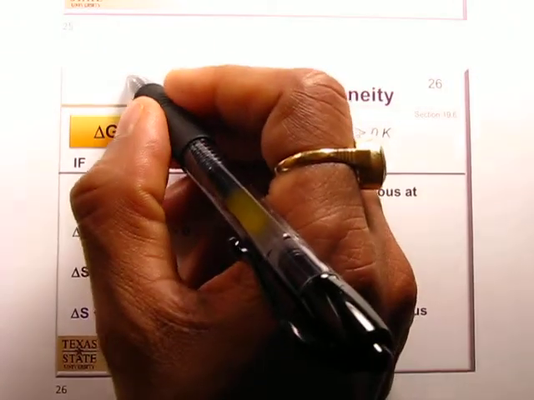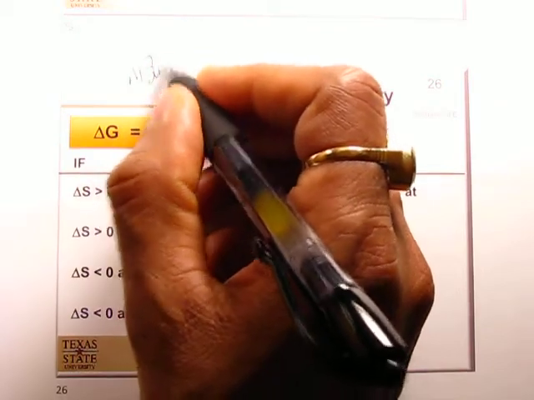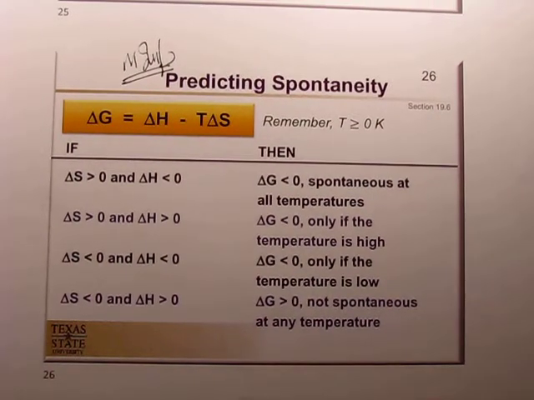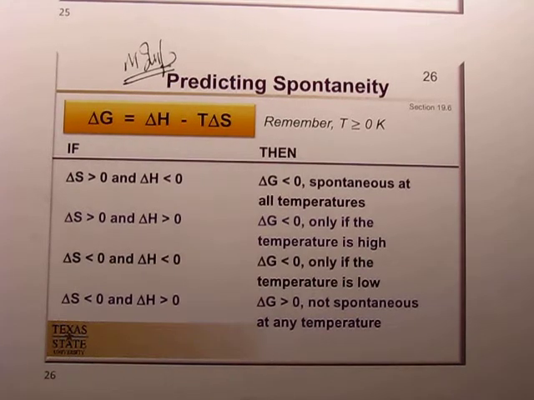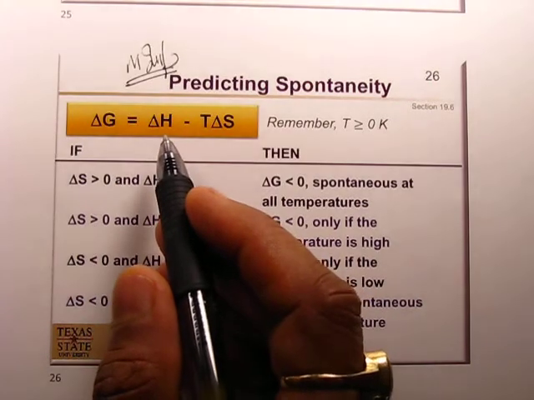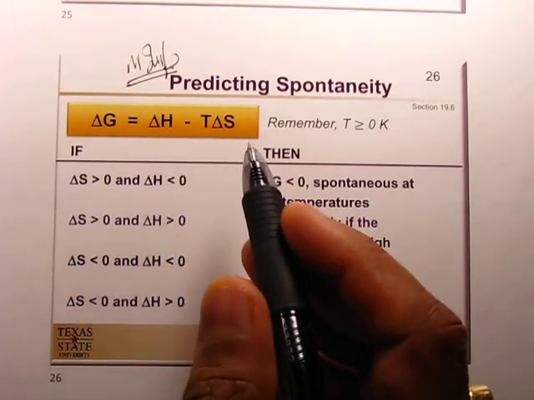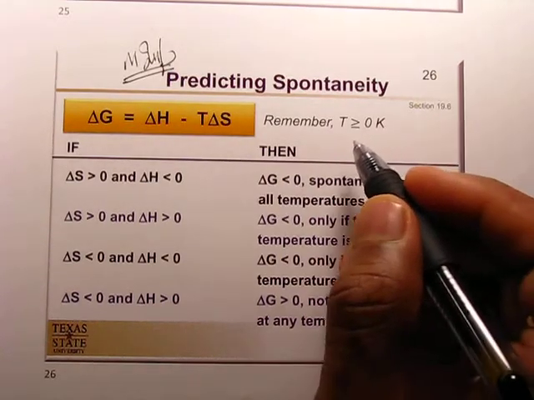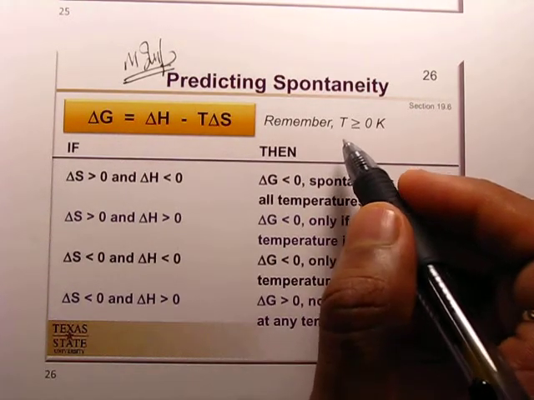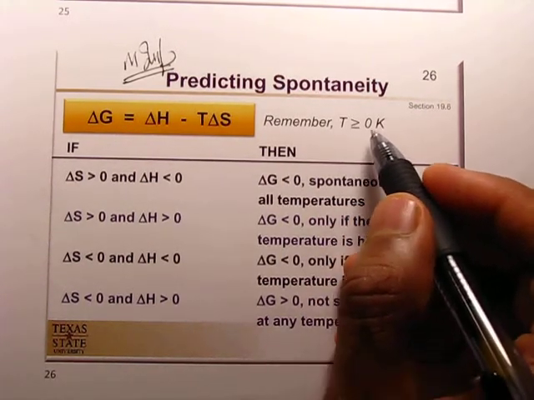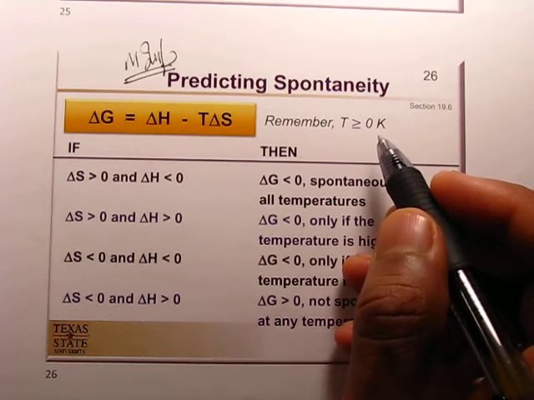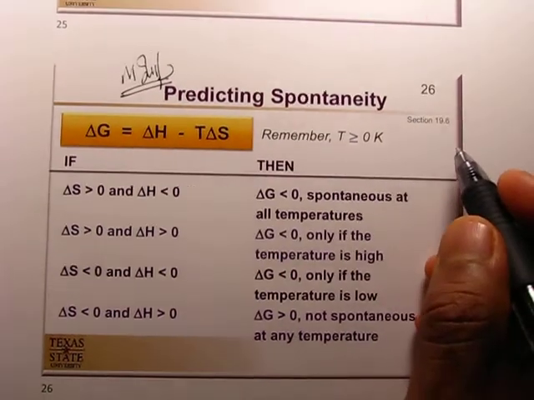And the next most important slide is this one. This slide you must memorize: delta G equal to delta H minus T delta S, where you have to remember that temperature must be equal to or more than 0 degrees Kelvin.